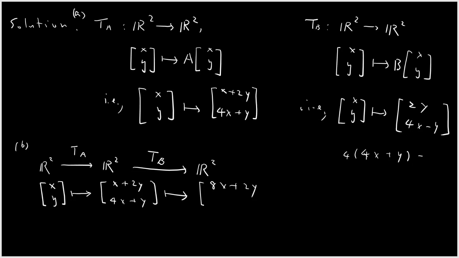Sorry, I did something wrong. I'm sorry, so let me try again, okay? 4 times the first component in the input, I mean 4 times x plus 2y minus the second component, 4x plus y.